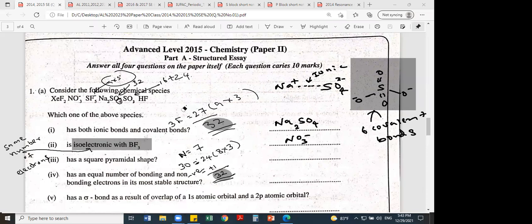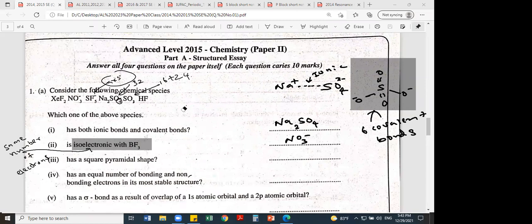Then part 3, what is the answer? Shall I read this? Part 3, square pyramidal shape. Which one is square pyramidal shape? Both of you are correct. Very good, excellent. SF5 minus.